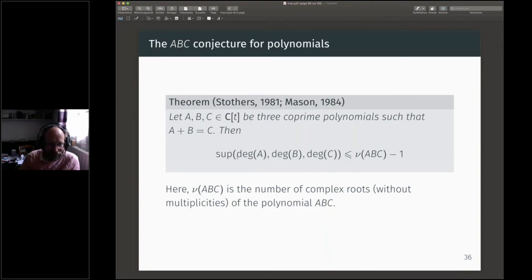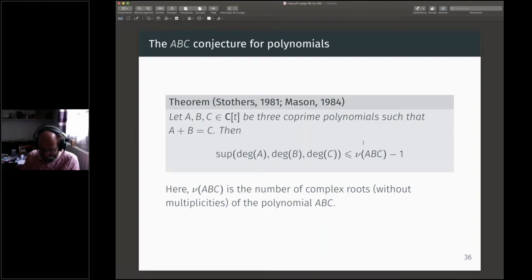So one replaces the size of the numbers a, b, c by the supremum of the degrees, and one replaces the radical of abc by the number of complex roots without multiplicities.